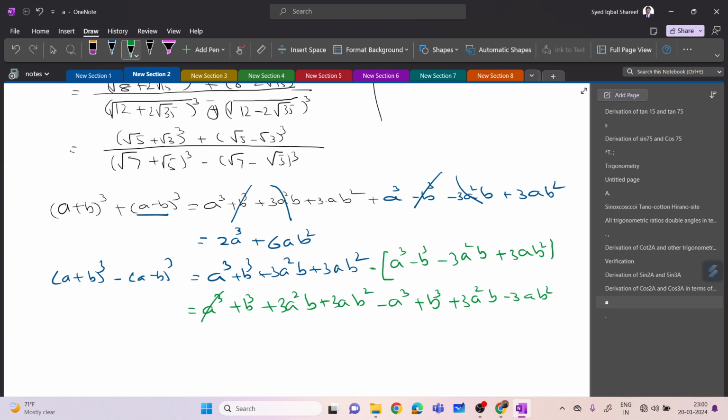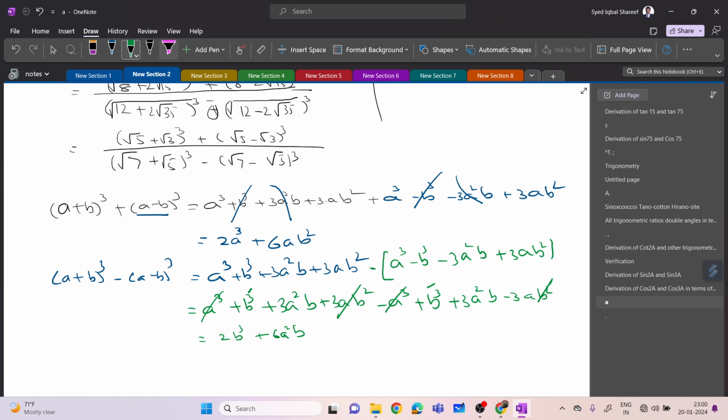So a cube getting cancelled. Now you have 2b cube, b cube is left, plus 3a square b, minus 3ab square. So what is left? 3 plus 3 is 6, a square b. This is the thing we got.